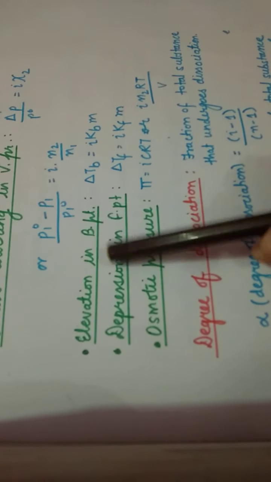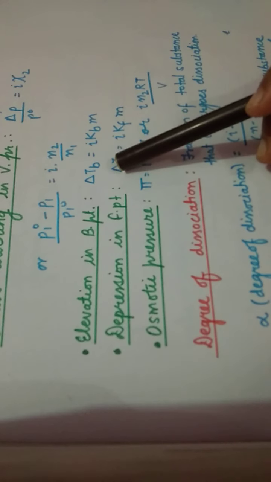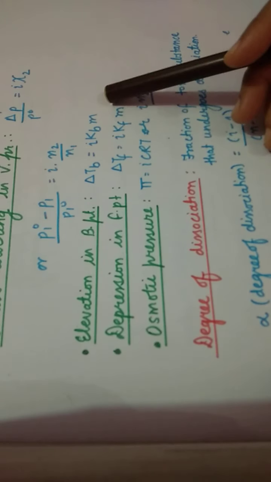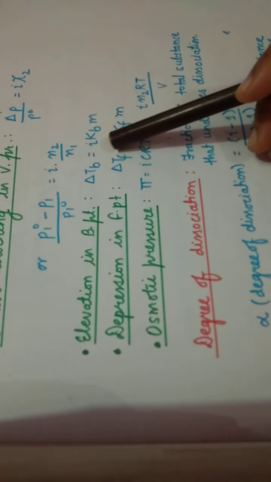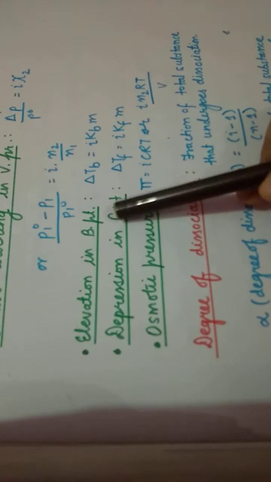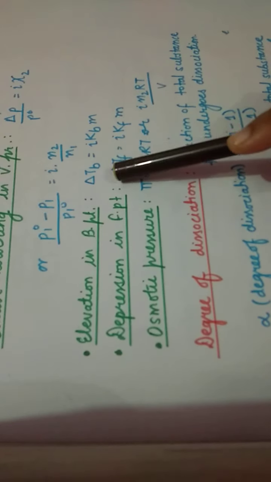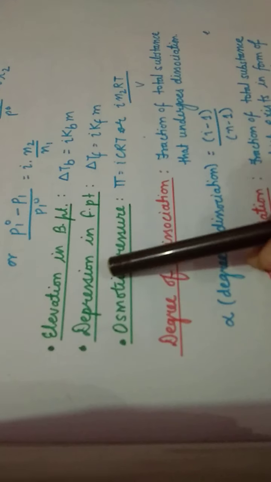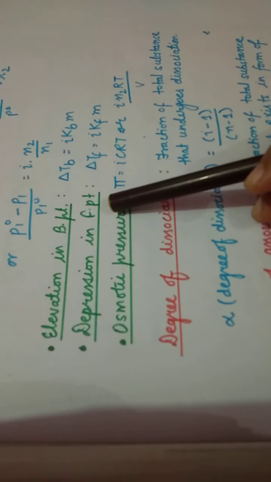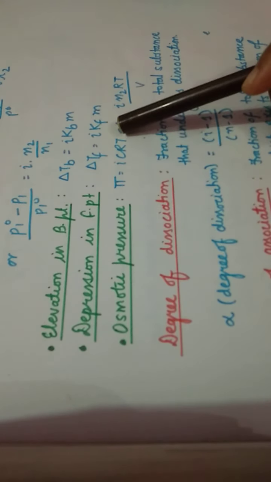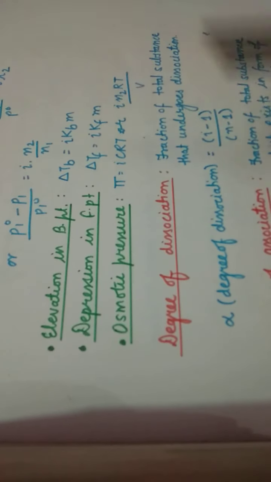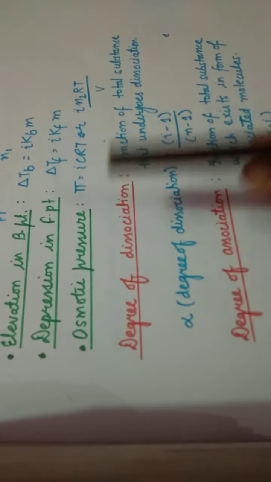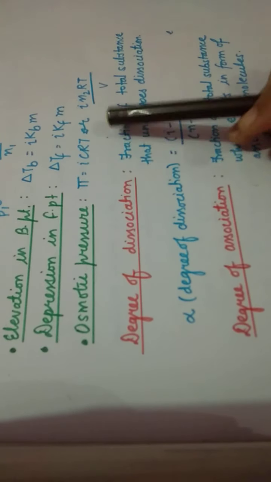Now children, elevation in boiling point. The formula we got is delta TB is equal to KBm. After inclusion of Van't Hoff factor I, the modified form becomes delta TB is equal to IKBm. In the same way, for the depression in freezing point, the modified form comes out to be delta TF is equal to IKFm. And osmotic pressure, children, if you remember, 2-3 days before we did pi is equal to CRT.